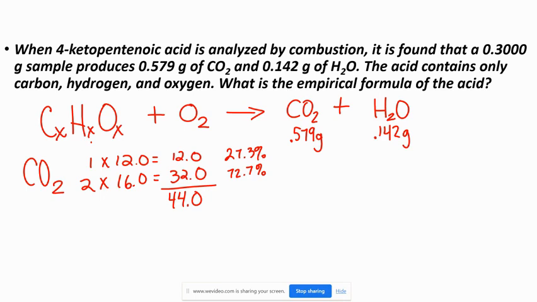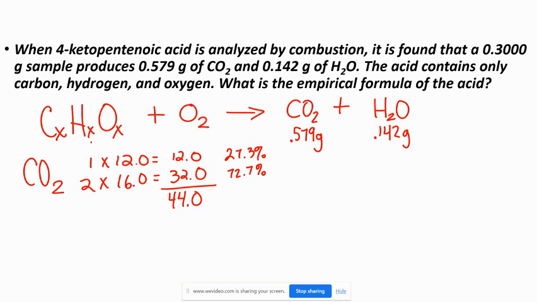All right. Now I'm going to use these to figure out how much carbon and how much oxygen I have in this compound. Because 27.3% of this is the grams of carbon, and 72.7% of this is the grams of oxygen.